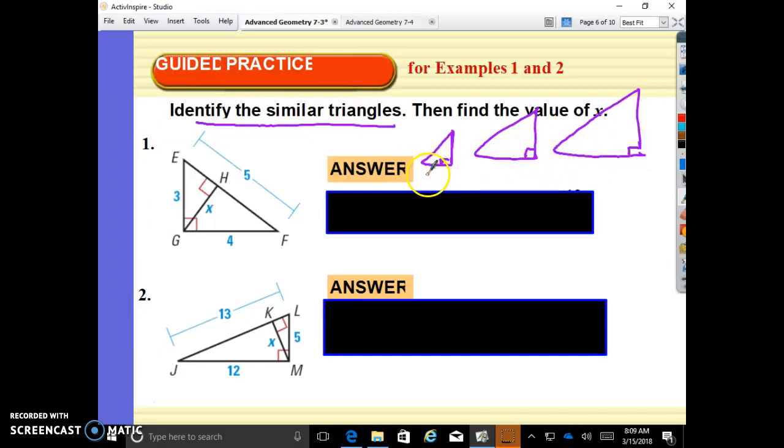On our small one, we have the right angle at H. We have our shorter leg to E, so we can put it up here.